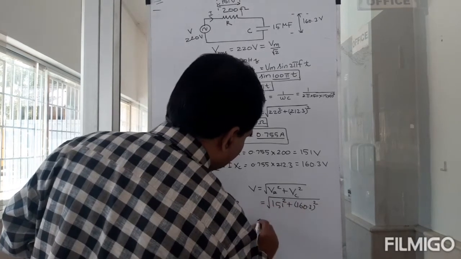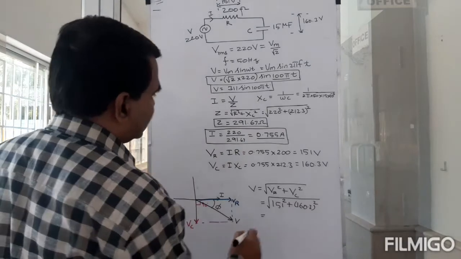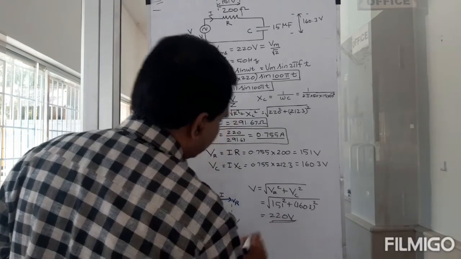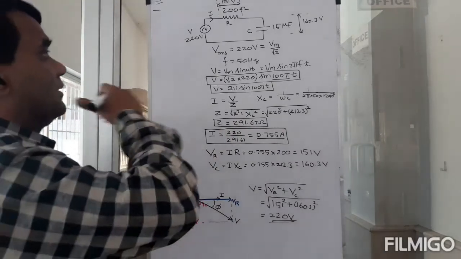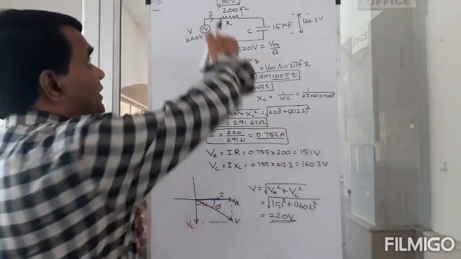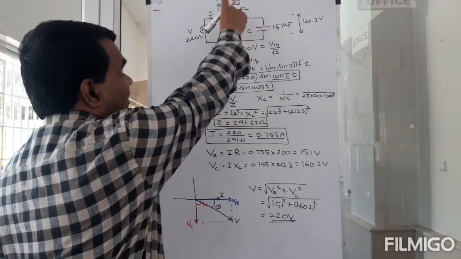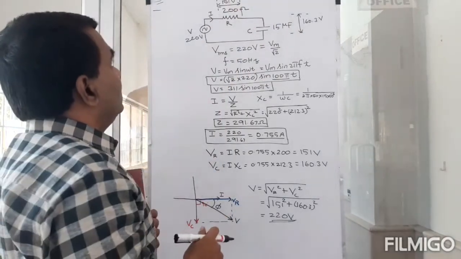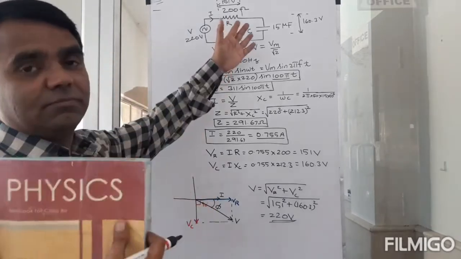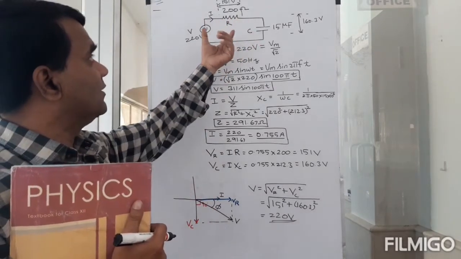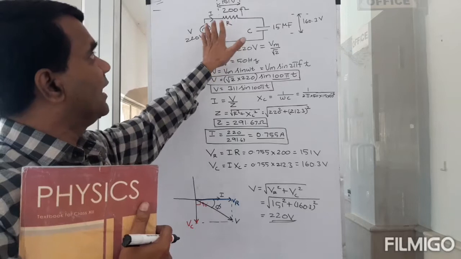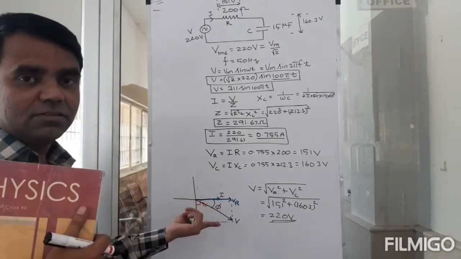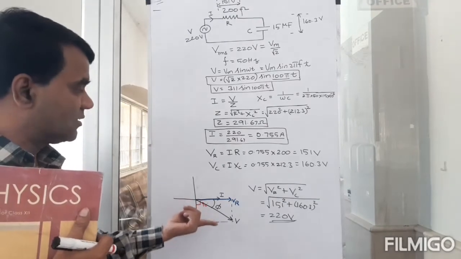So that is going to give you 220. So you cannot simply add 151 and 160 straight away. In an AC circuit, this cannot happen. The VRMS volts cannot be added algebraically. They have to be added like this, using the phasor diagram.